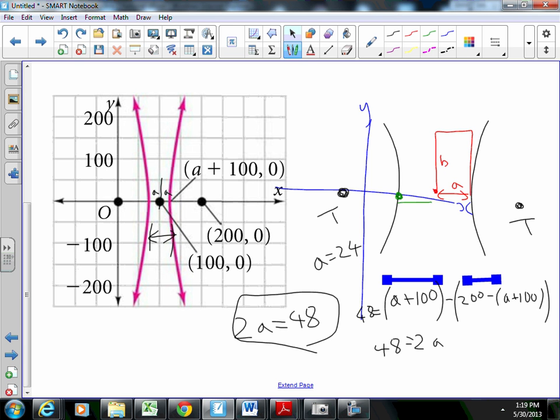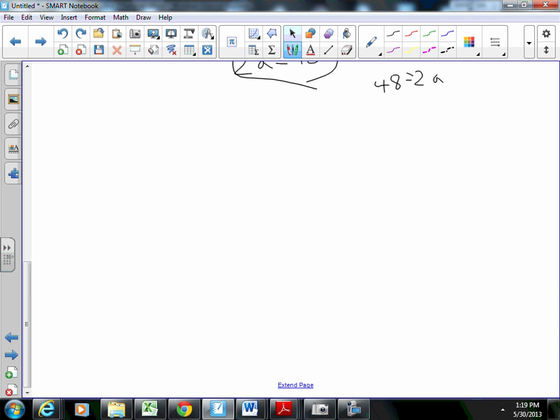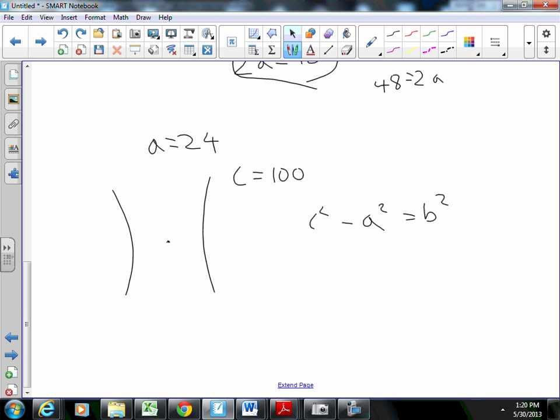Now what's B going to be in this case? What do we know? We know C, don't we? Let's extend the page down here. We know that A equals 24 now. We know that C equals 100. So we can use the fact that C squared minus A squared is going to give us B squared.